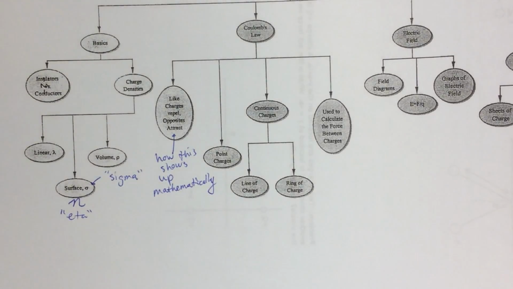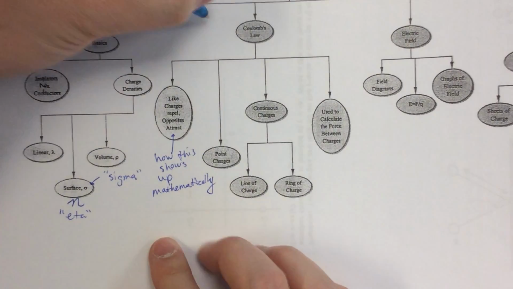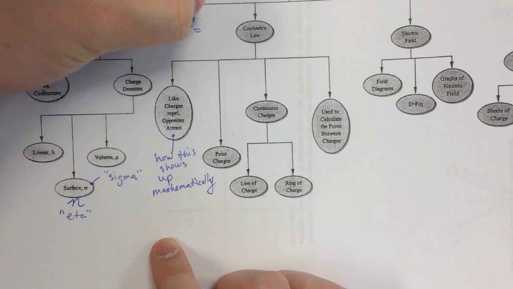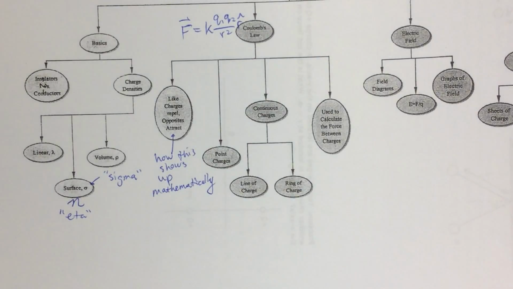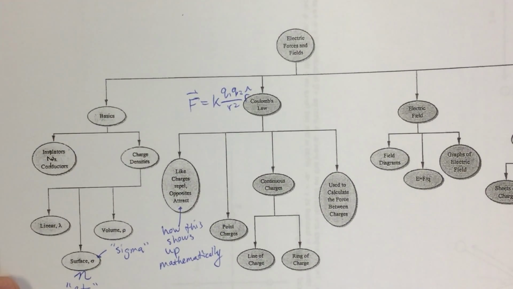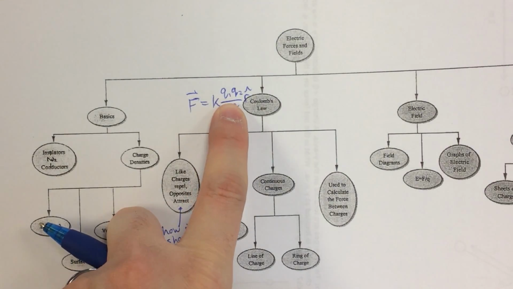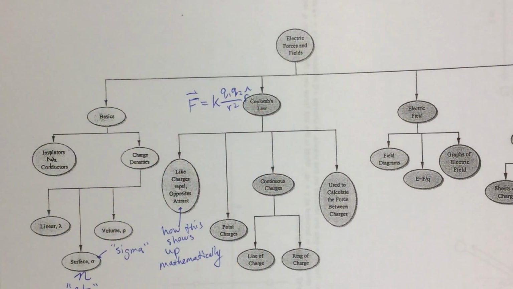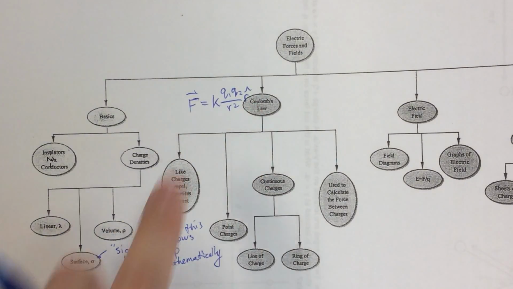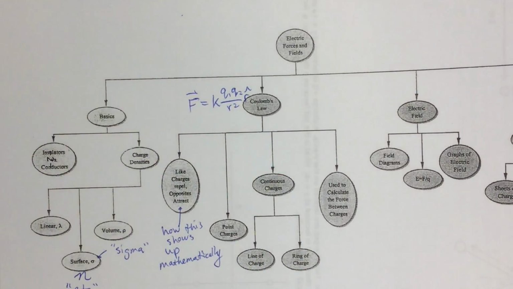In other words, in Coulomb's law, how does like charges repel and opposite charges attract work out mathematically? It's because if these two are positive, your R and your F are in the same direction, right? Whereas if they have the opposite sign, then they are pointing in opposite directions.